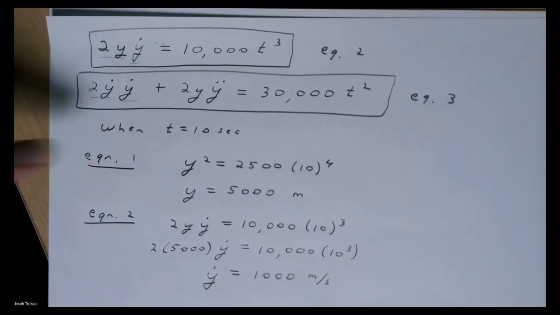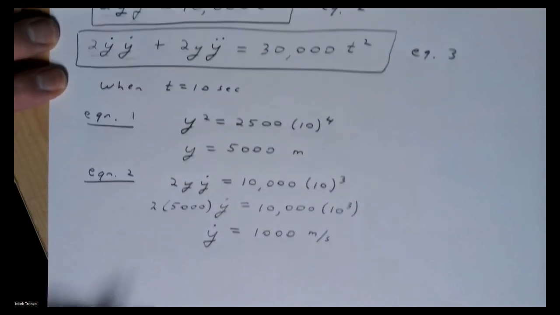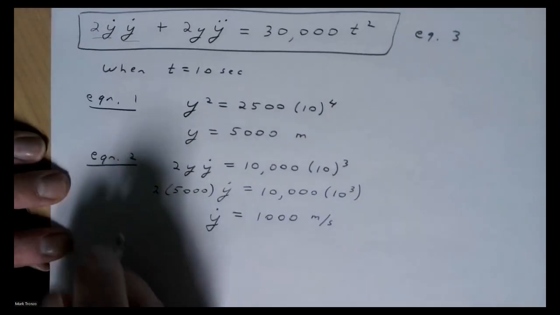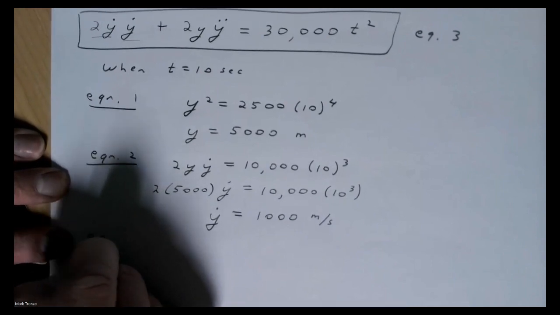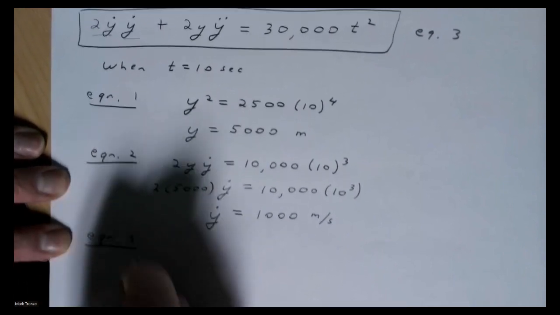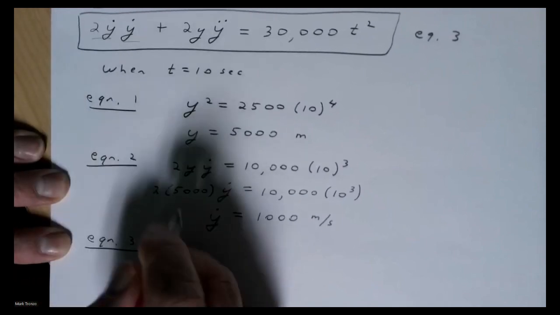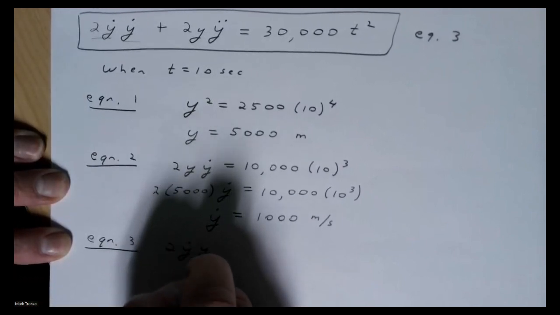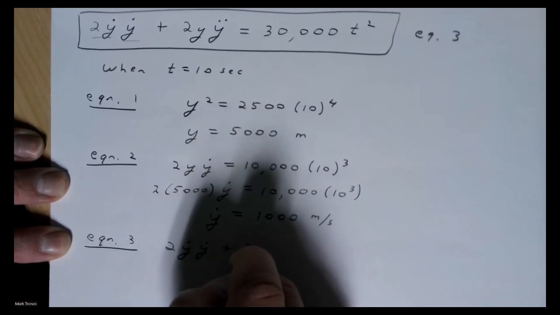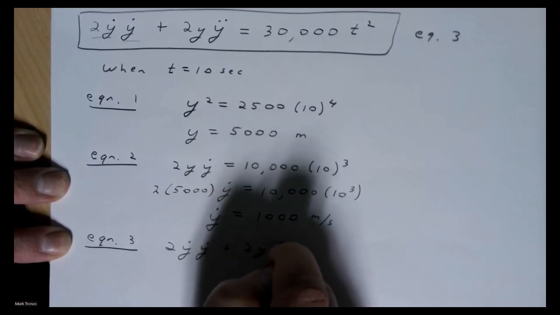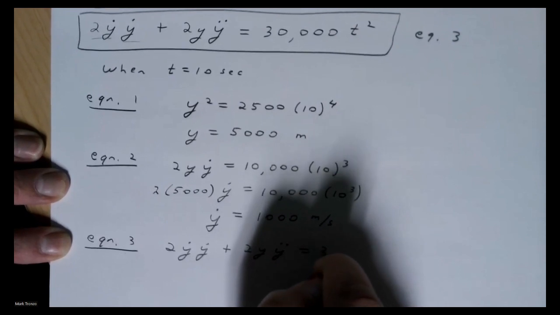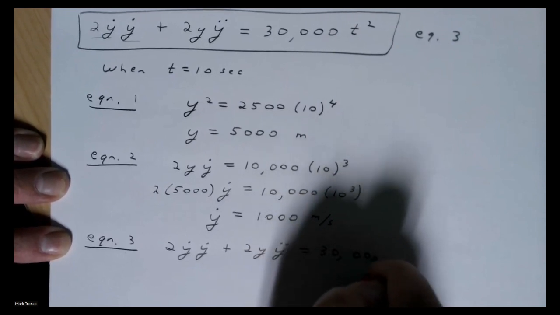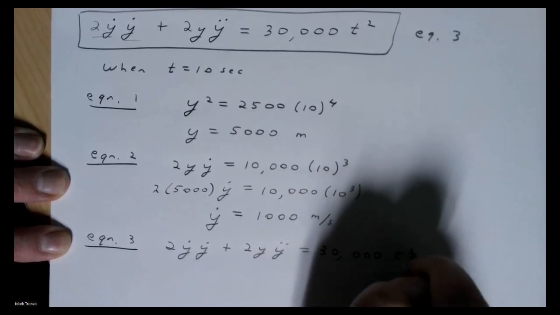And then we can use our equation 3 to find our acceleration in the y direction. Use this up here to y double dot plus y double dot is 30 t squared.